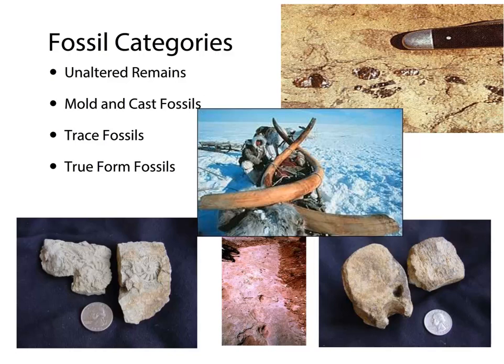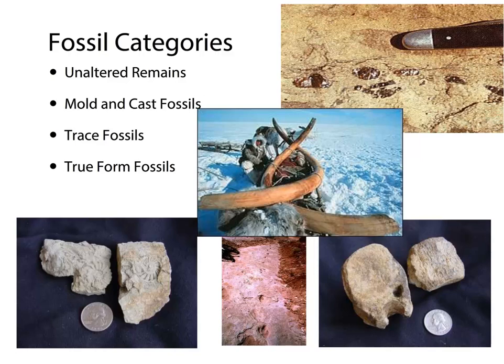That will fill the mold and create a cast. It definitely is a fossil, but it's not the original one, because the original one that converted to rock was eaten away long ago. But it definitely retains the shape because it was filling in the mold. Hopefully that makes sense. If you guys have questions, let me know.